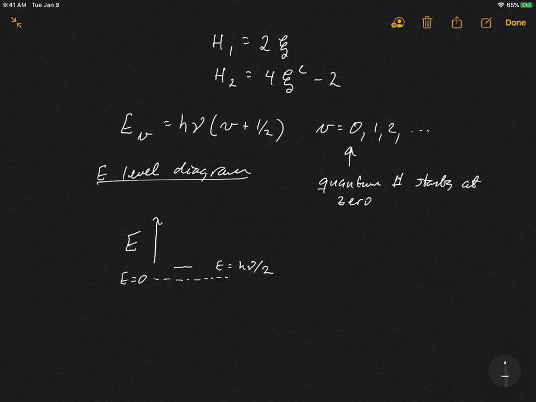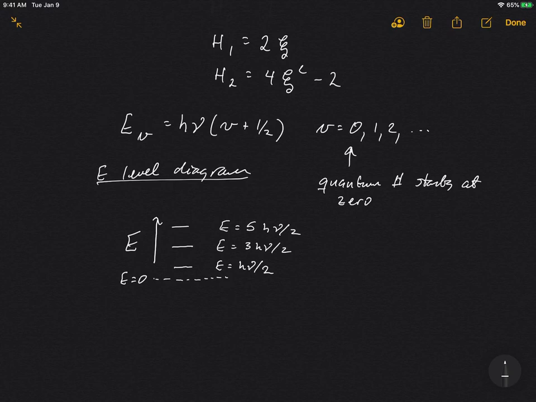The next state would be 3 halves h nu, and so on. So we have this spacing.